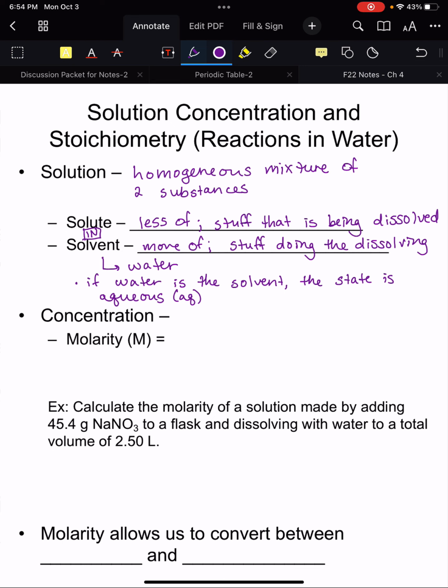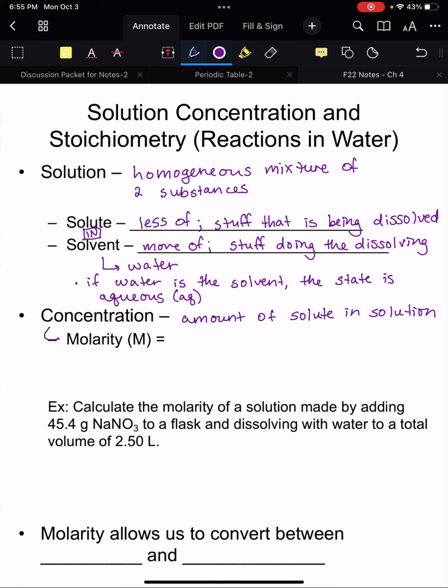Instead, we use a concentration unit known as molarity. Concentration is the amount of solute in the solution. Molarity is the most common way we report that, although it's not the only way, and we'll talk more about different units of concentration in chapter 13.